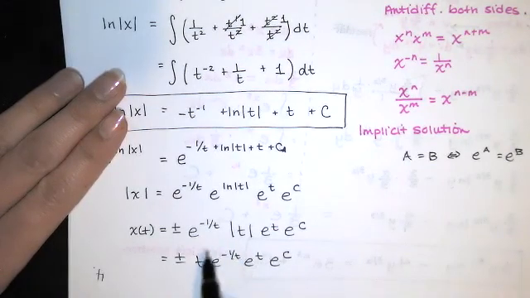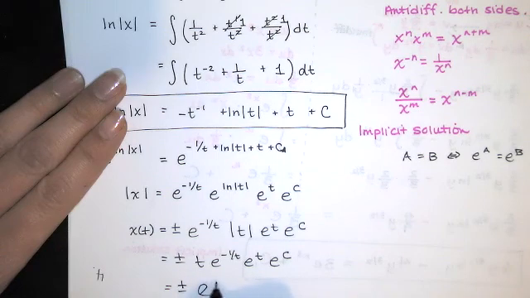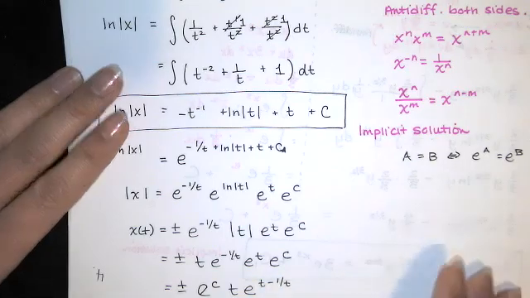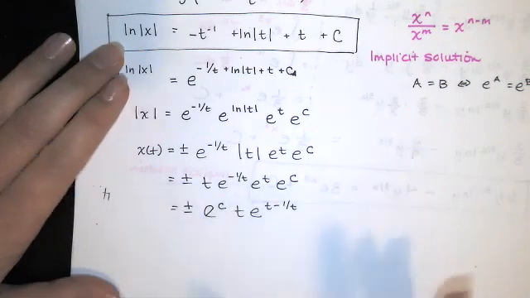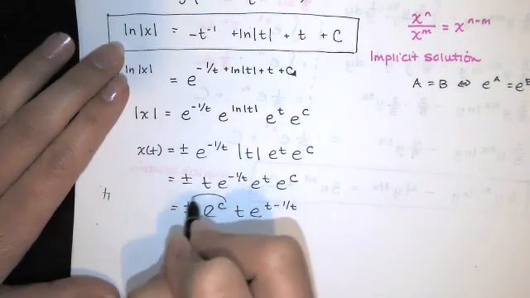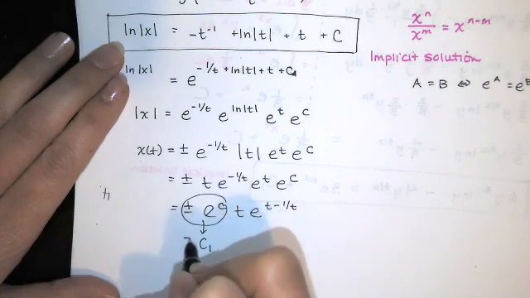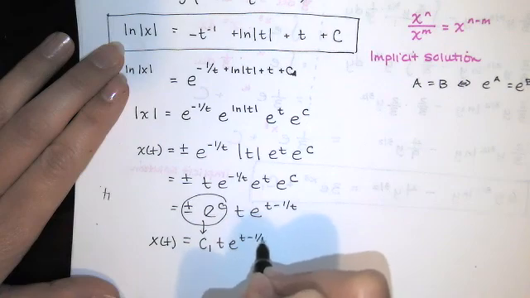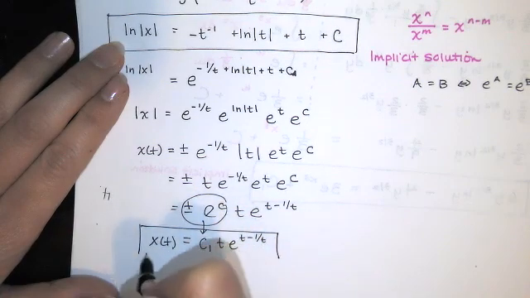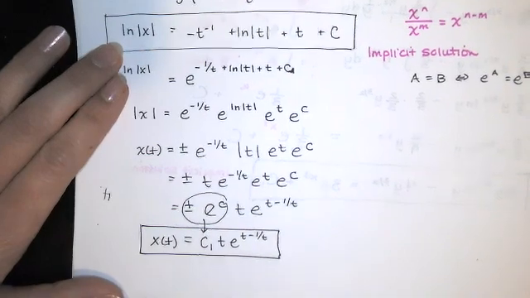And these two guys have the same base, so I could combine them. And I'm pulling that e to the c out front for a reason, you'll see in just a moment. E to this power times e to that power, you add the exponents. And this plus or minus e to the c is just a different constant. I'm going to call that c1.